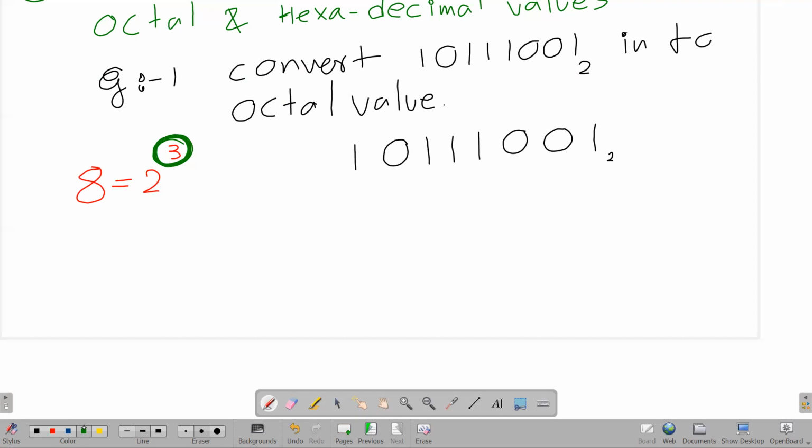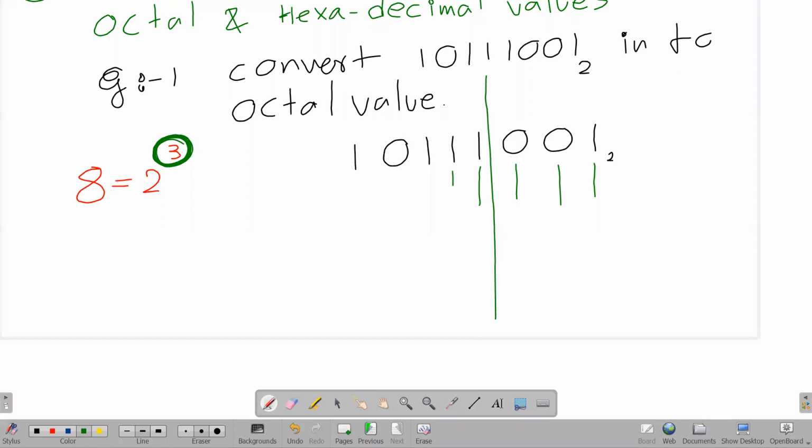That means 3 symbols of the binary number system must be inside one particular group. And the grouping is done starting from your right hand side. So what I'm going to do is 1, 2, 3, grouping it as one group.